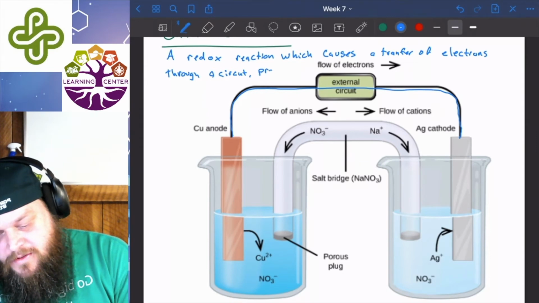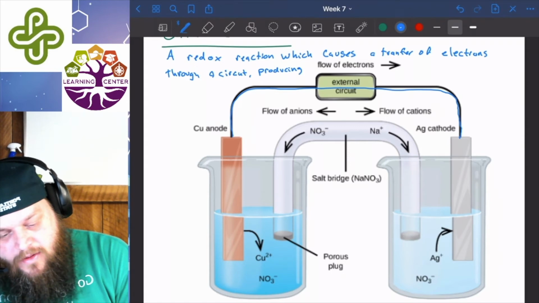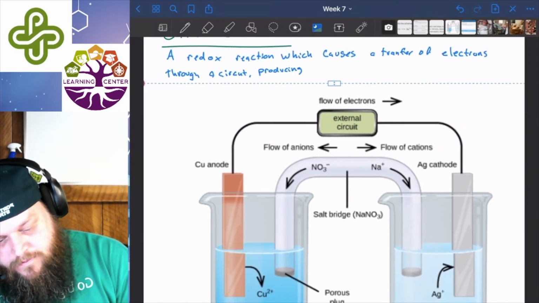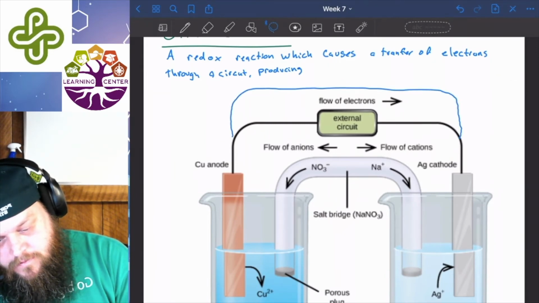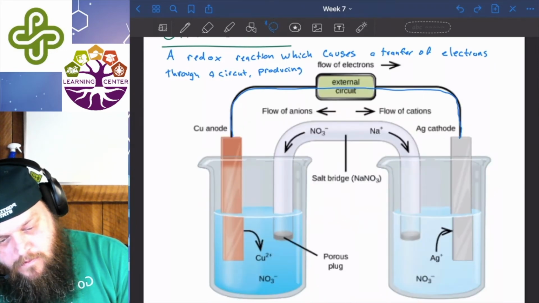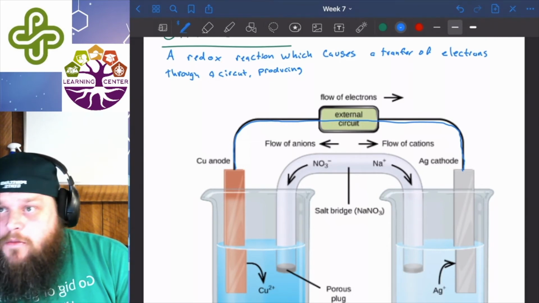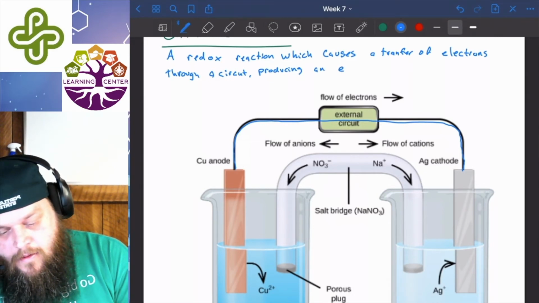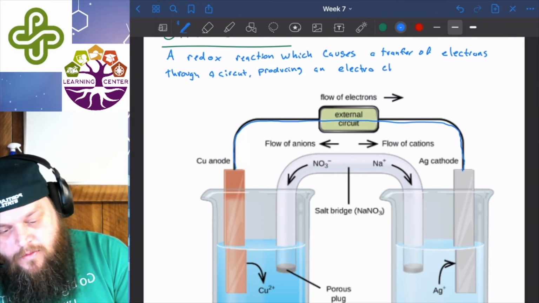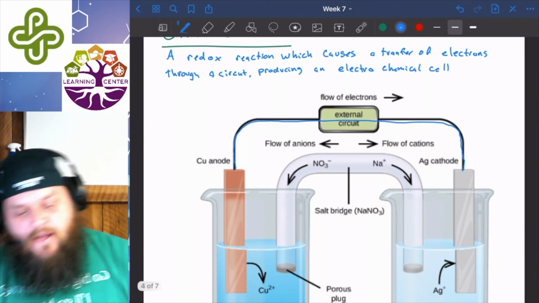which produces an electrochemical cell. So that electrochemical cell is really what we're talking about.